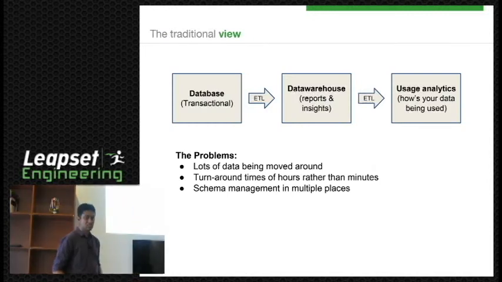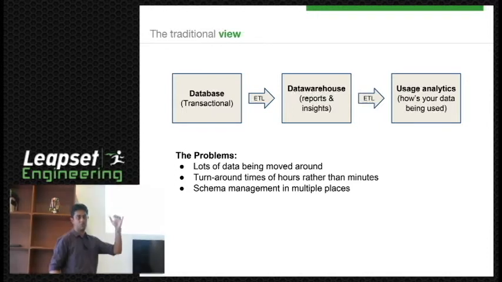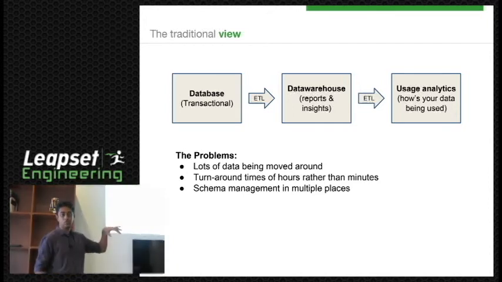So here's the traditional way into data warehousing or business intelligence. We have a transactional database, then we ETL, that means extract, transform and load, into a data warehouse, right? Then if necessary we ETL it again.